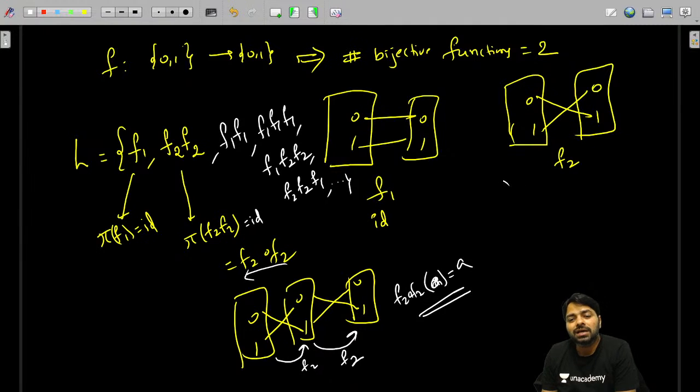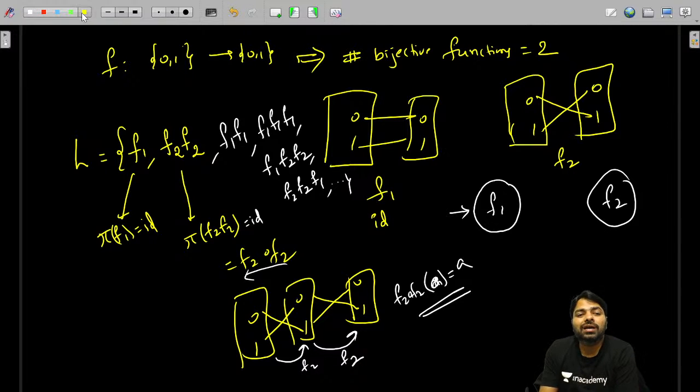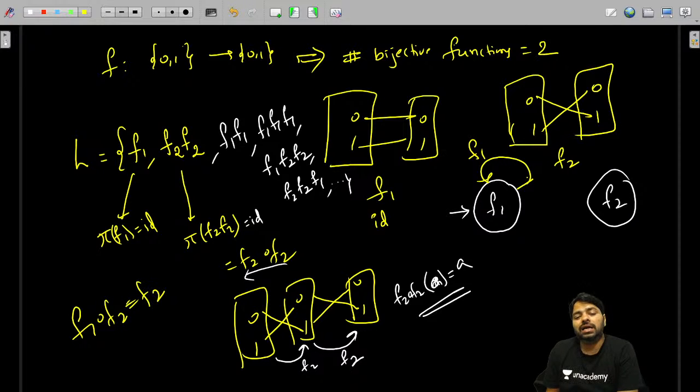Here, for F1, you maintain one state. Initially you can assume ID, F2, and now you need to cover symbols from here. F1 followed by any number of times F1, its composition has to be F1. F1 composition with F2 has to be F2, it is not ID, which is why it is not in the language.